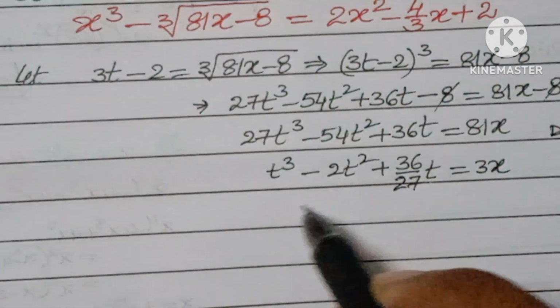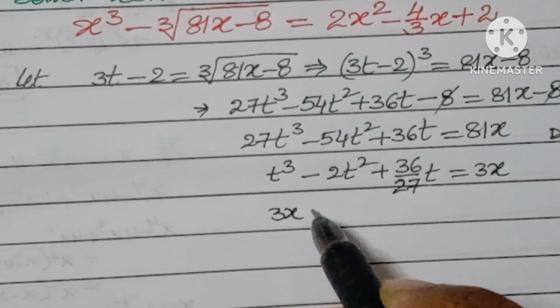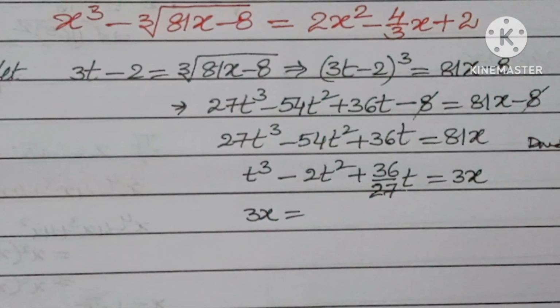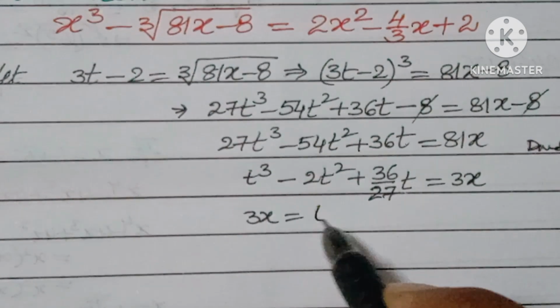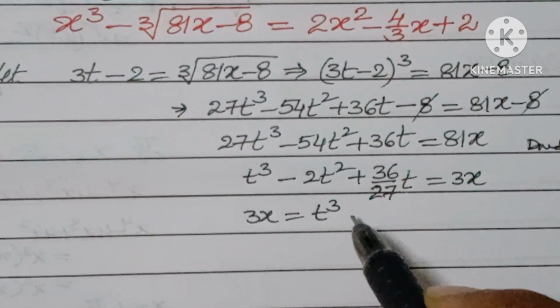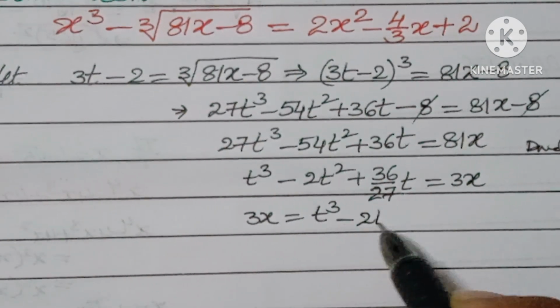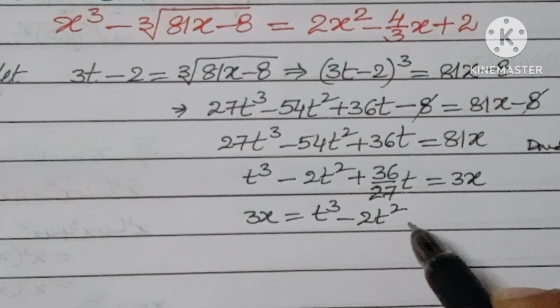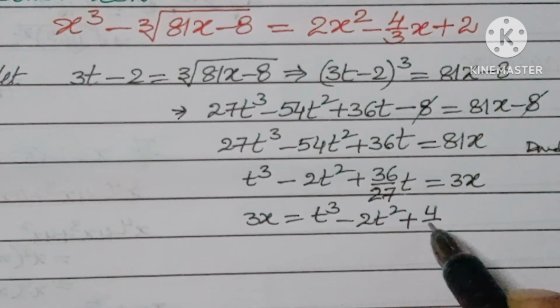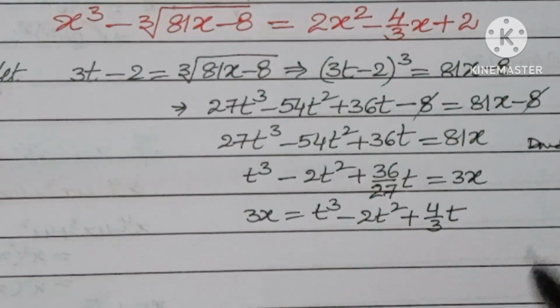So this can be written as 3x is equal to t cube minus 2t square plus 4 by 3t.